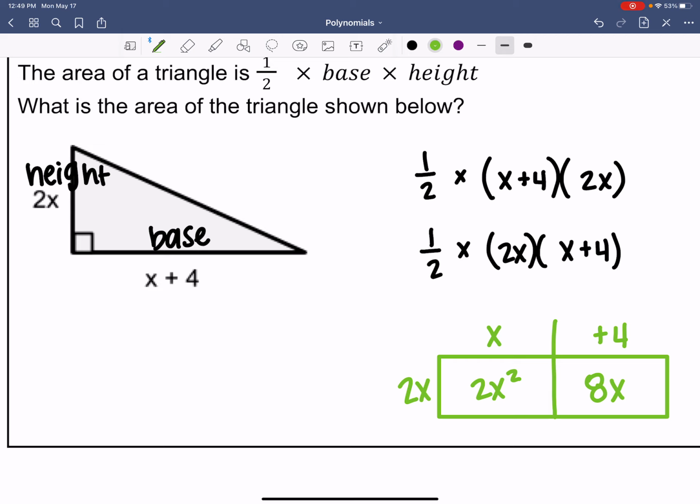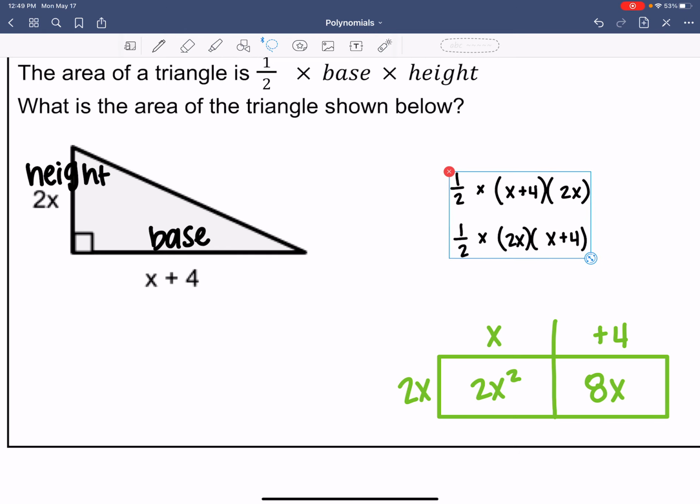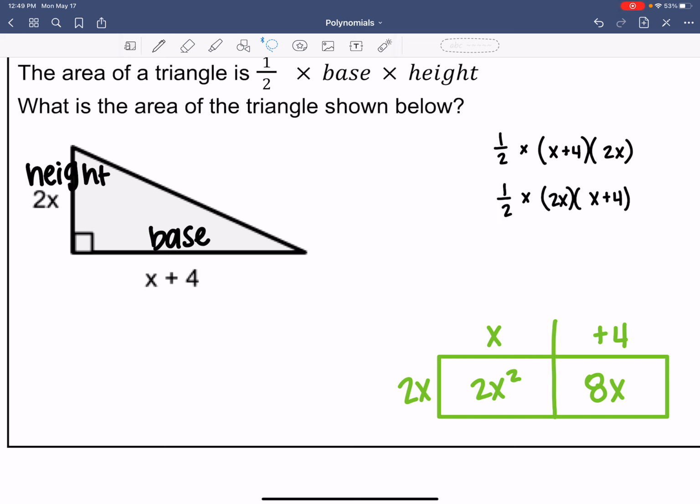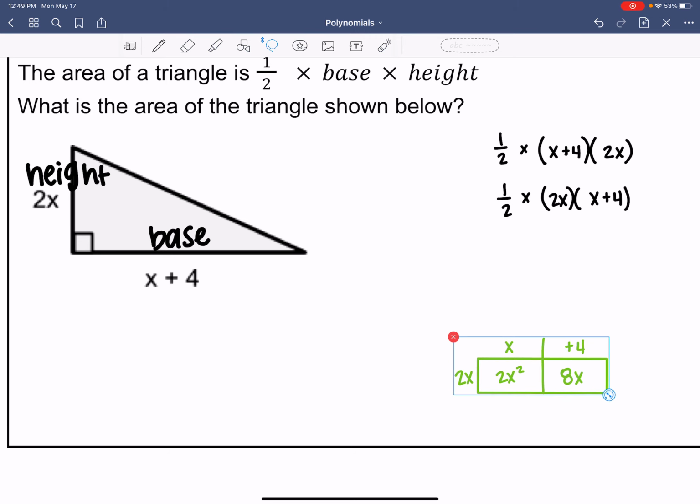Okay, so for the base times the height, we got that that is 2x squared plus 8x. So I'm going to make sure that we are able to keep this organized, okay? So I'm going to move this up a little, and this was like our step 1. We found the base times the height.